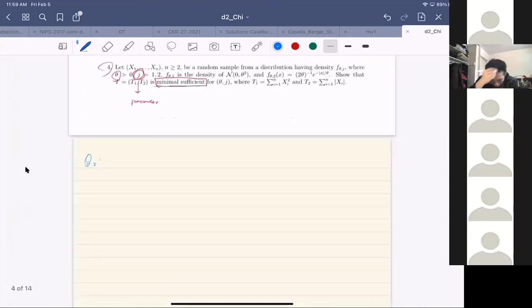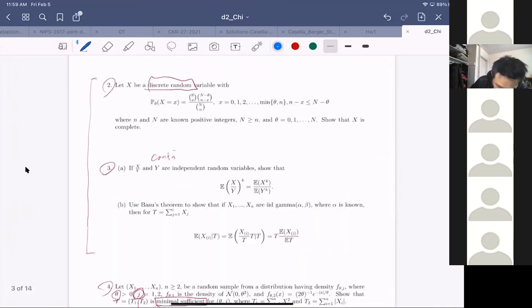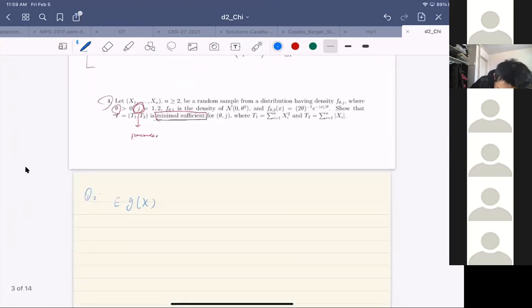We have to make sure that if this g of x depends on the parameter theta, for all theta, then we have to show that g is equal to 0. So this is what we have to do.